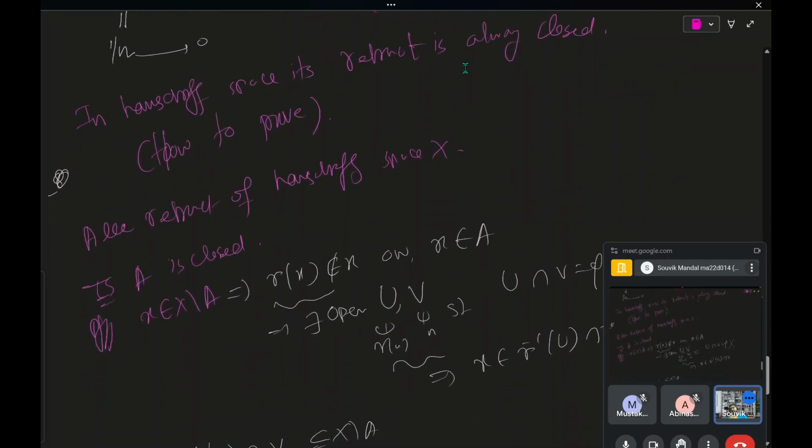So let me repeat that. We need to show that a retract of a Hausdorff space is closed. How to prove this?